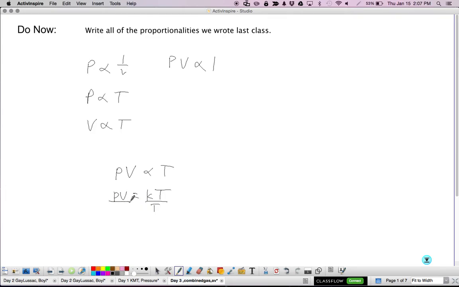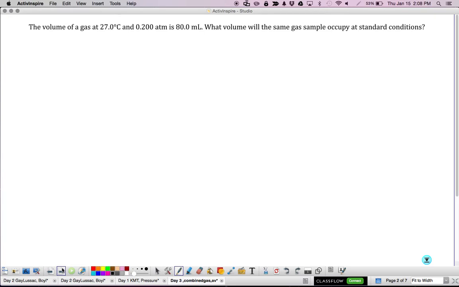Divide both sides by T. And then you can say P1 V1 over T1 equals K, which equals P2 V2 over T2. All right, and this is a combination of all the gas laws, and not surprisingly, we called it the combined gas law. Okay, so let's see what a problem with combined gas law would look like.